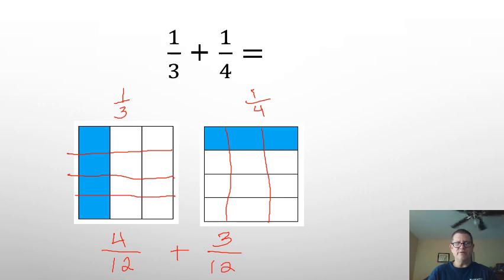If you count up all the blue shades, we have 4, 5, 6, 7. When we're adding fractions and the denominators are the same, we just add the numerators, 4 plus 3, which gives us 7, and the denominator stays the same, which is 12. So we know 1/3 plus 1/4 equals 7/12.